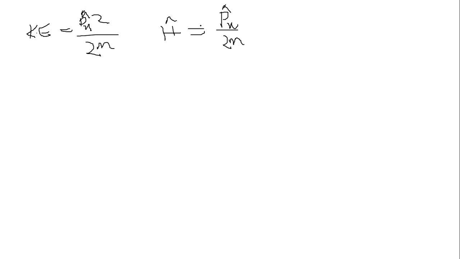Can anyone tell me what is the expression for px cap in quantum mechanics? This is the momentum operator. What is the value of px cap? It is minus i h cross del by del x.